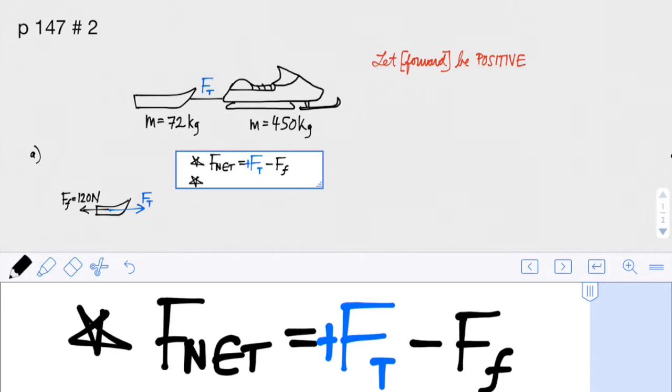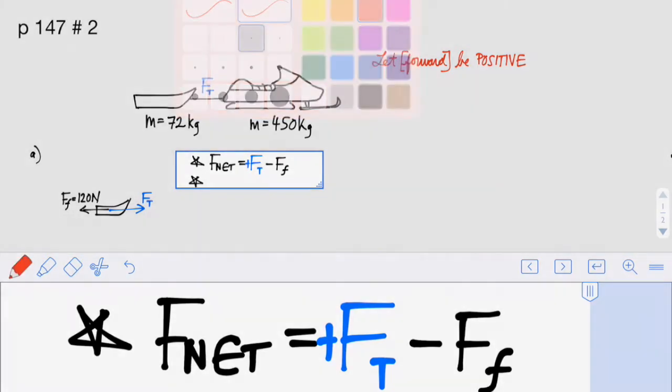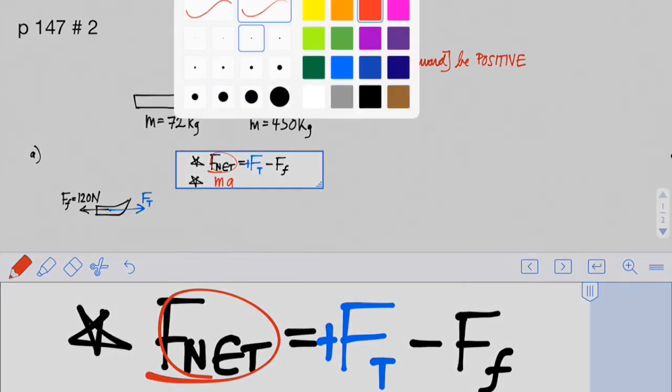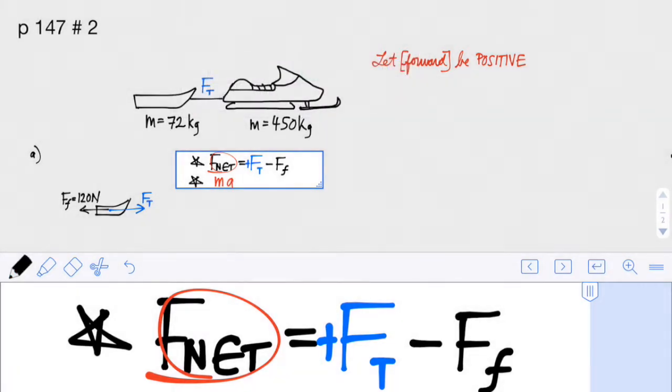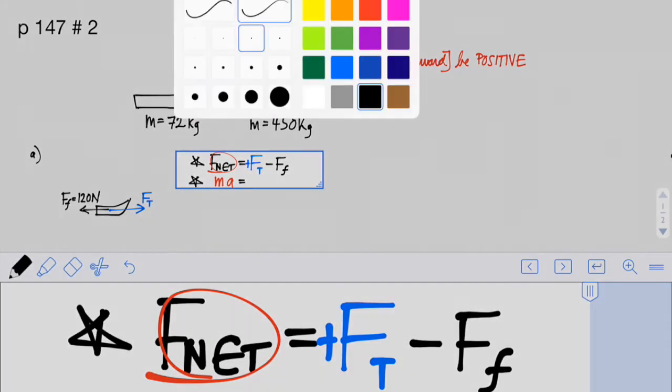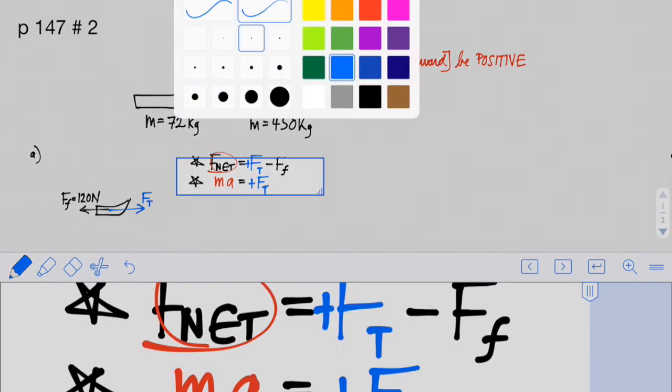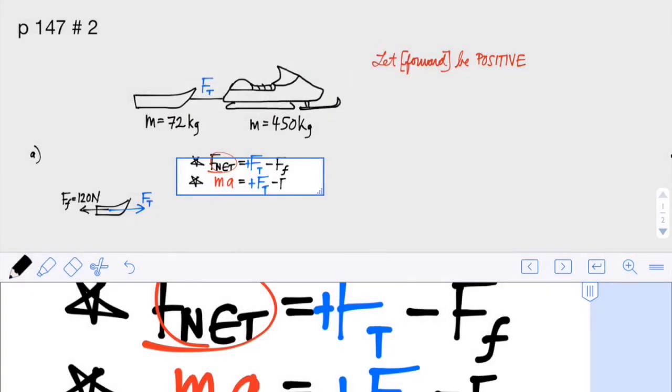The second step is to replace this term here, F net, with the expression MA. So we say MA is equal to plus the force of tension minus the force of friction. And we're going to rearrange this equation and solve for the force of tension.